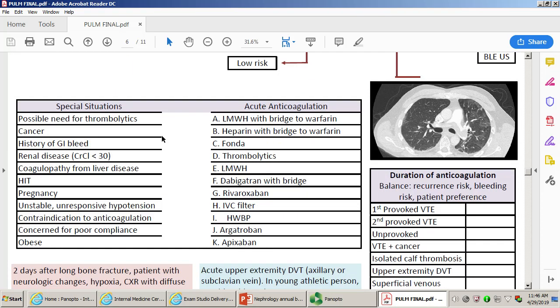So let's talk about some special situations. There are a lot of different options that you have for anticoagulation, and they are going to test to see if you know which ones are best in which situation. Looking at somebody who possibly needs thrombolytics, which option would you pick?